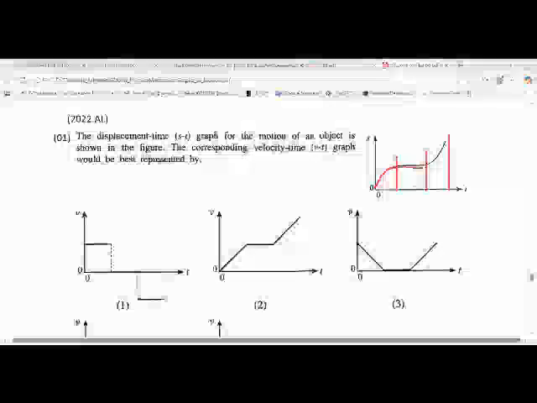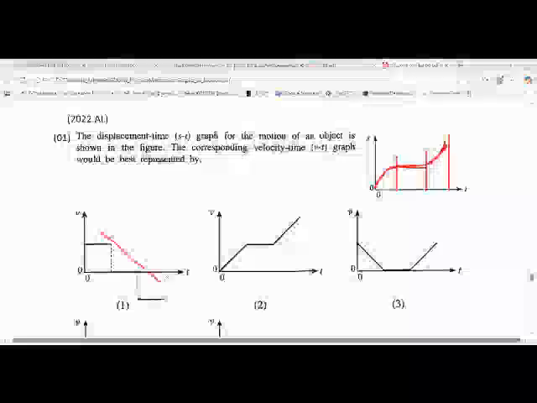And after that, it is acceleration because the inclination is increasing. So deceleration, rest, acceleration.